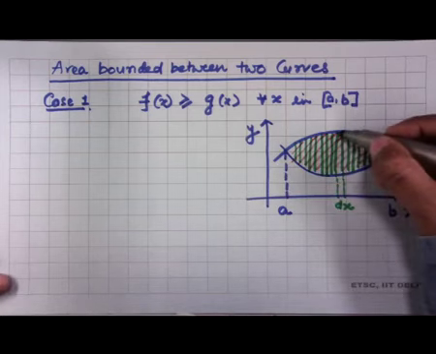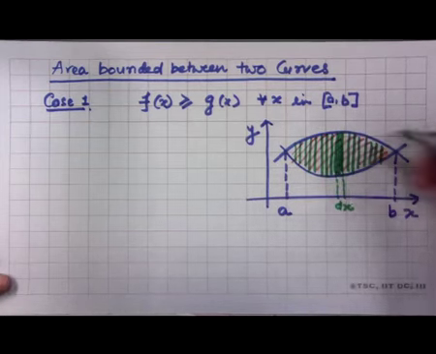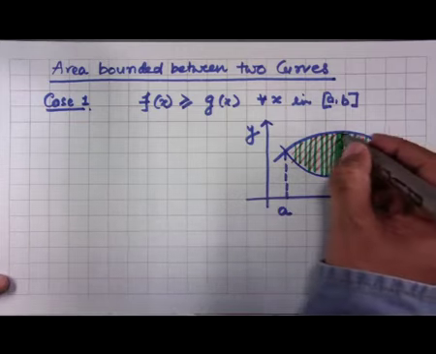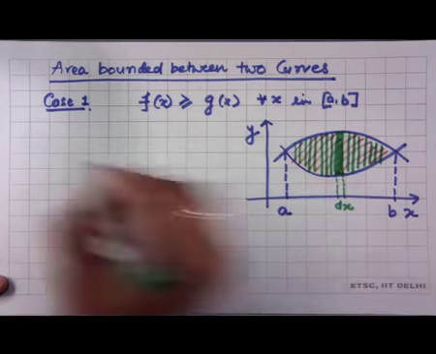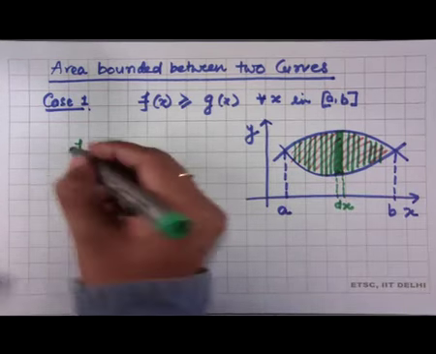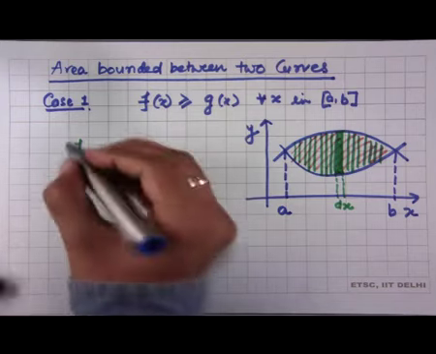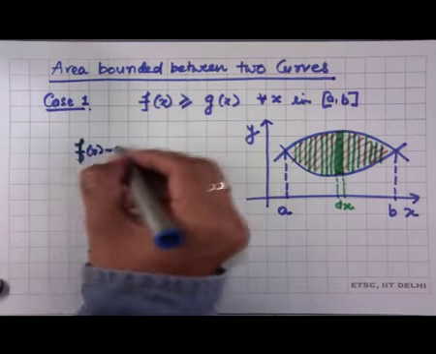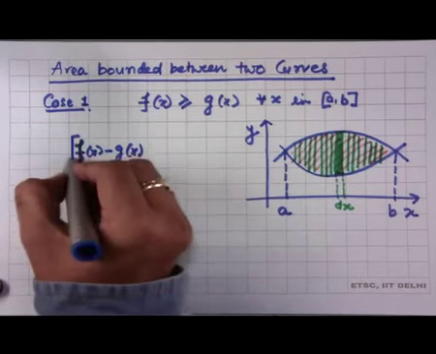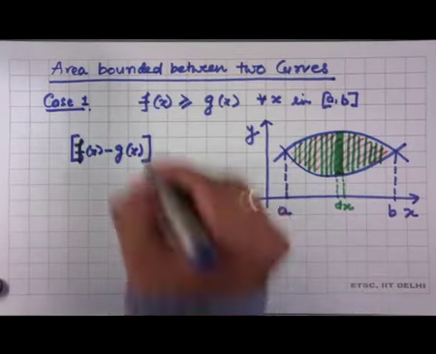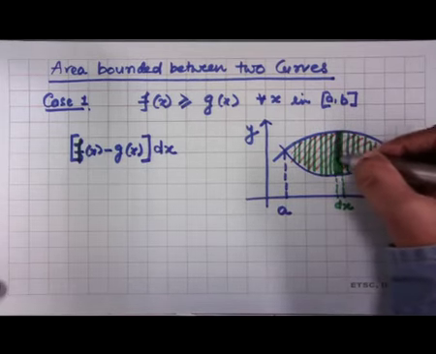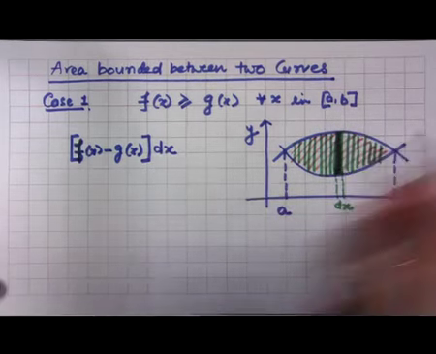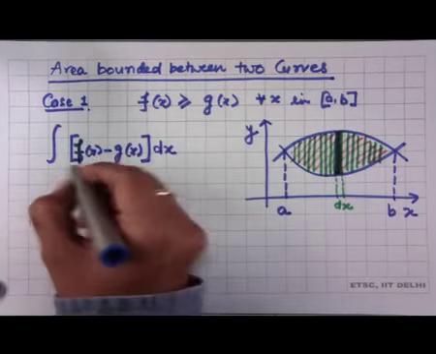So, the area of this elementary strip will be this height into dx, and this height will be f(x) minus g(x). So, height is this into dx, which gives you the area of this strip.